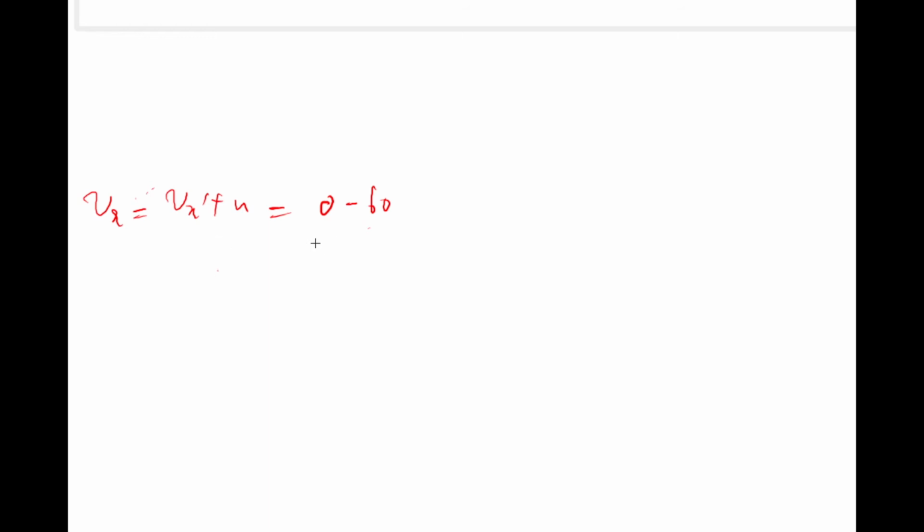So in this case, relative velocity has a minus sign because north is taken as x prime in our selection of coordinate system. Therefore, Vx is equal to minus 60 kilometers per hour.